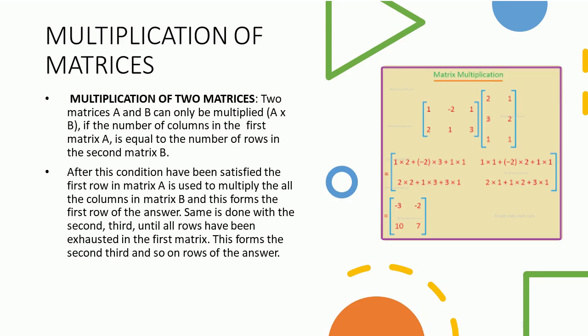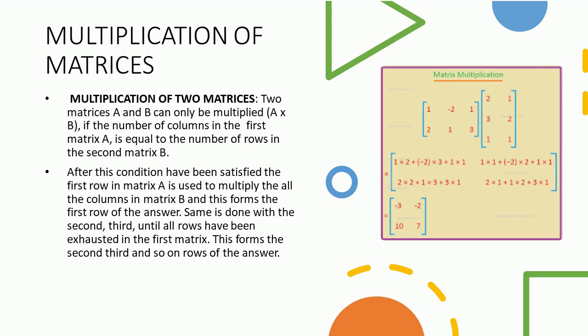So what do we do? We take this first row and multiply it by the first column, and that forms our first entry. So you can see 1 times 2, minus 2 times 3, and 1 times 1, and then the values you get, you add them together, which is what was done here. For the second part, you take the same first row and multiply by the second column.